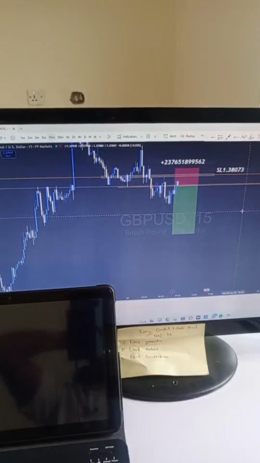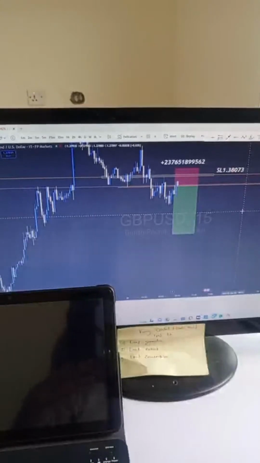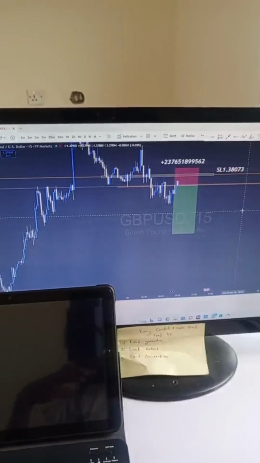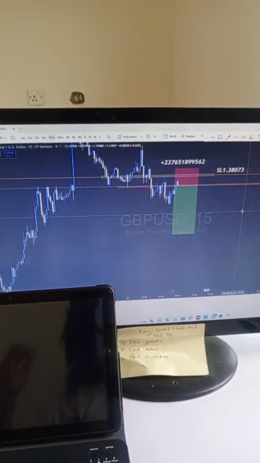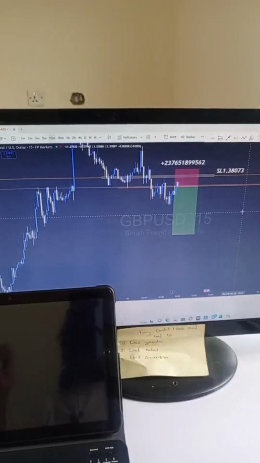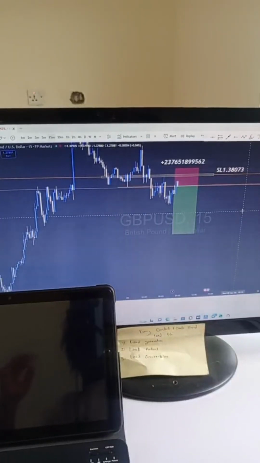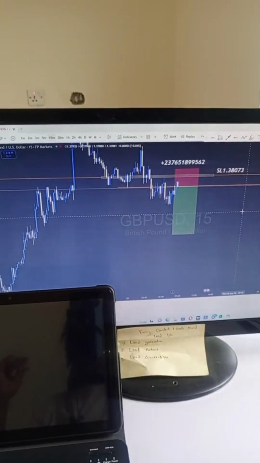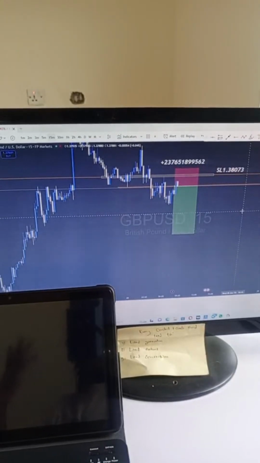So we are already inside the New York session. A lot might happen. Let's just be patient and let it roll. I think I'm going to take my leave now. We've done what we have to do. The trade is already running.